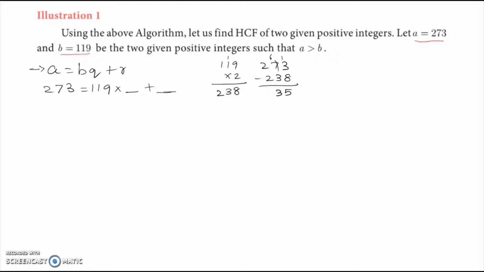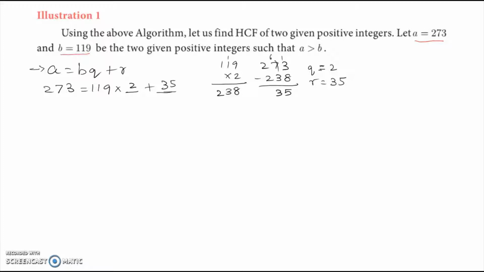So you will write here times 2 plus 35. So now our Q is equal to 2 and our R is equal to 35.